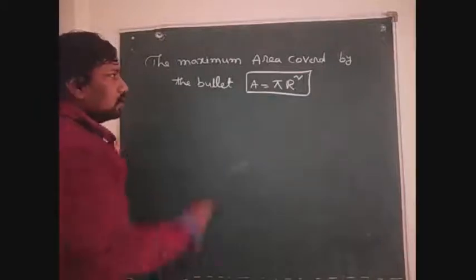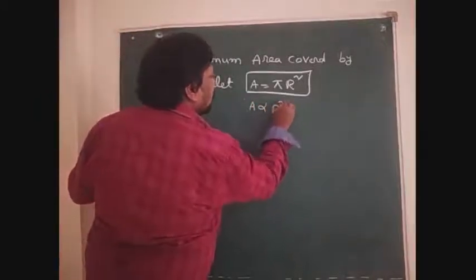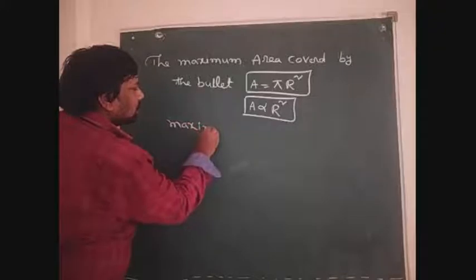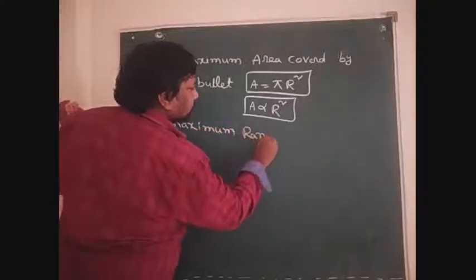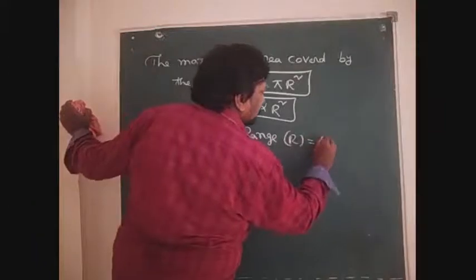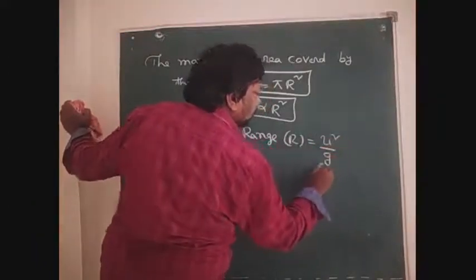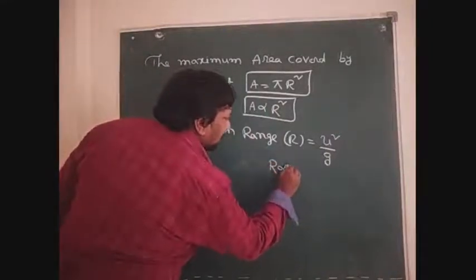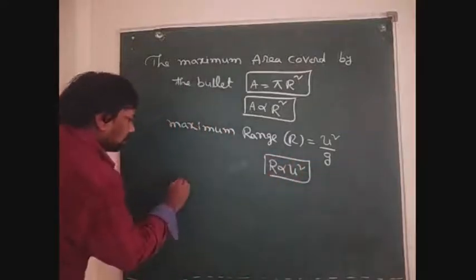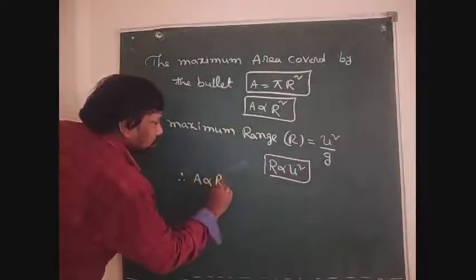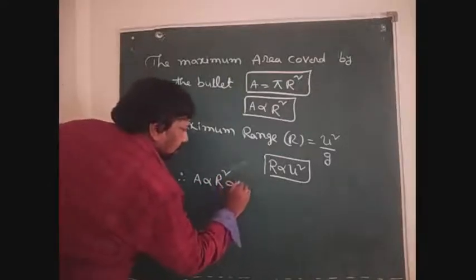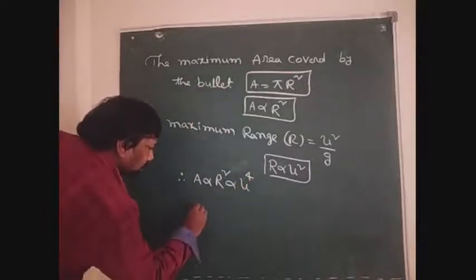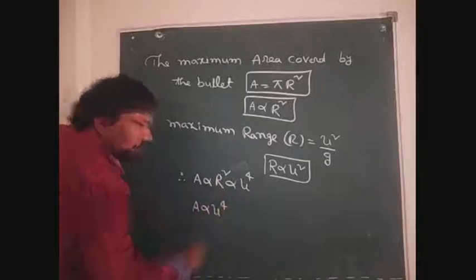So A is directly proportional to r square. The maximum range of the bullet is equal to u square by g, so r is directly proportional to u square. So r square is directly proportional to u power 4, and therefore A is directly proportional to u power 4.